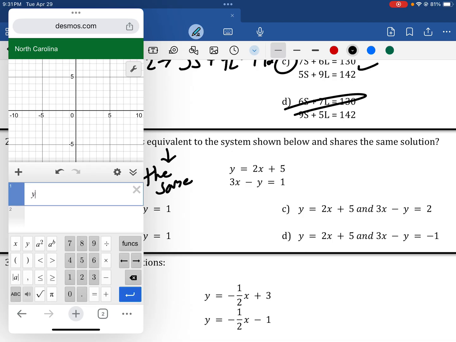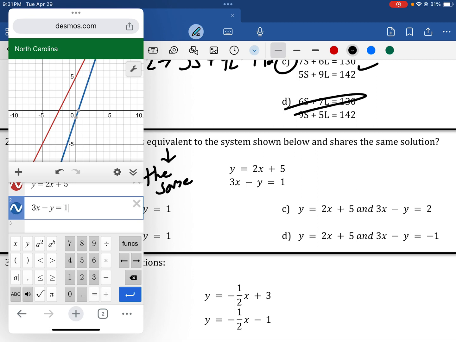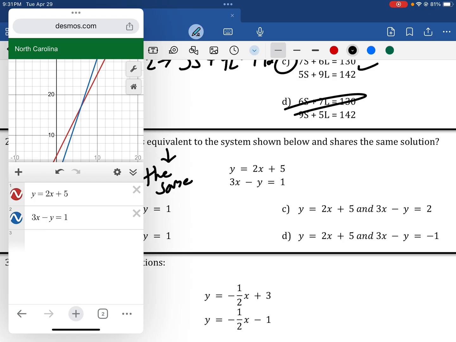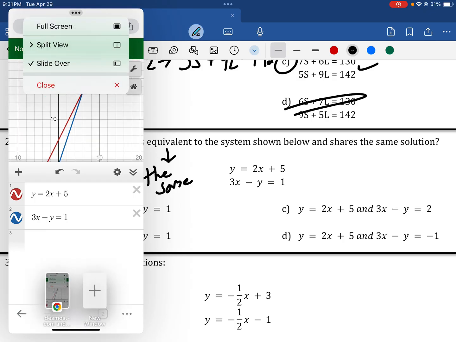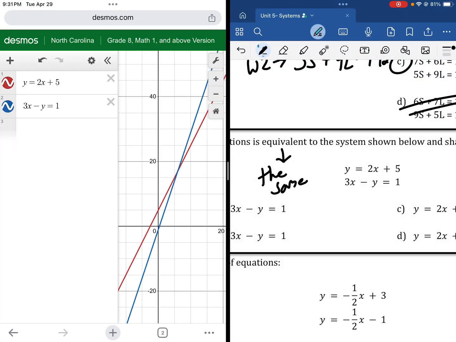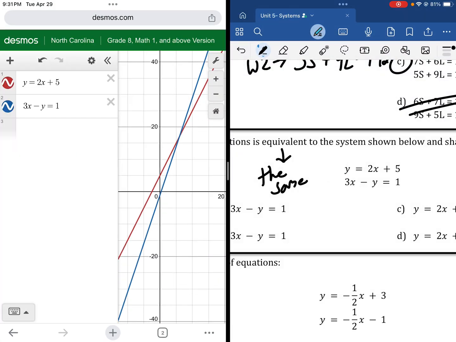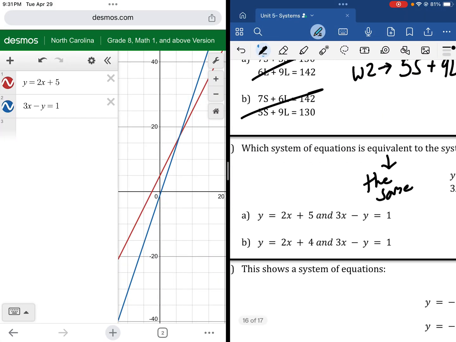So we would have y equals 2x plus 5, there's one equation, and 3x minus y equals 1. We see them on our Desmos screen. I know it's kind of small, but we have our 2 lines. Let's make it a left split. So let's just go through each answer and see which one matches up.